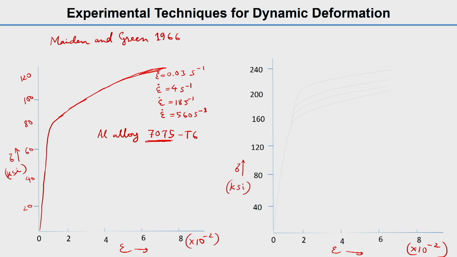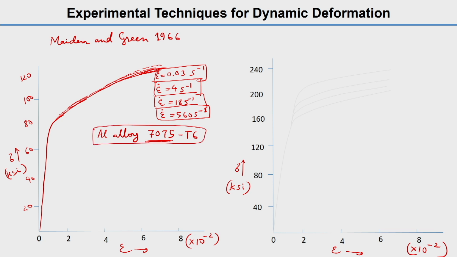So what they found is that for all the curves for all different strain rates, there is not much difference. There is no significant difference, and all the curves are very close to each other. So that means this material's strain rate sensitivity is not high, and it is almost negligible.